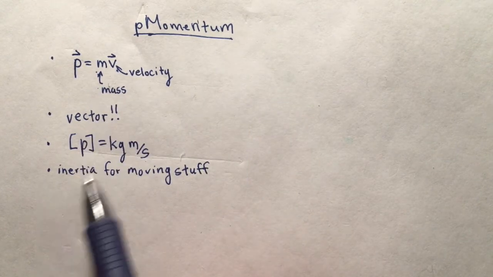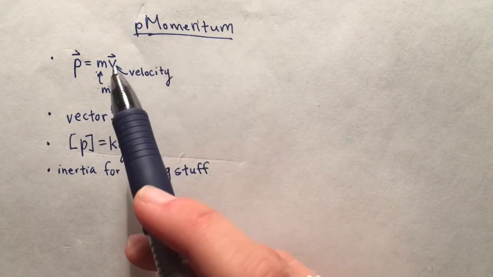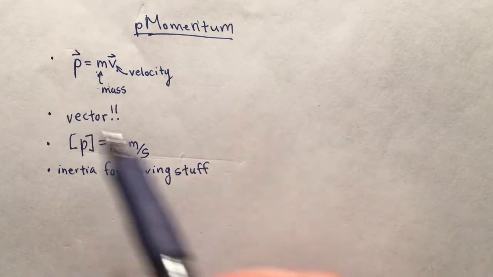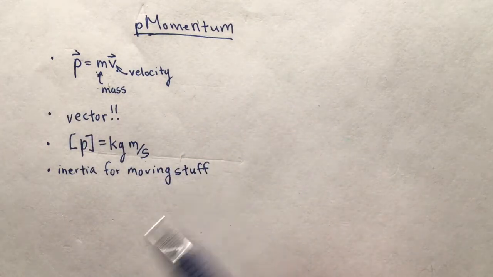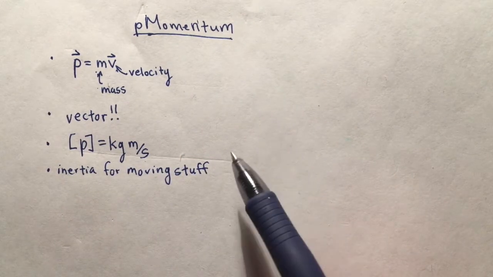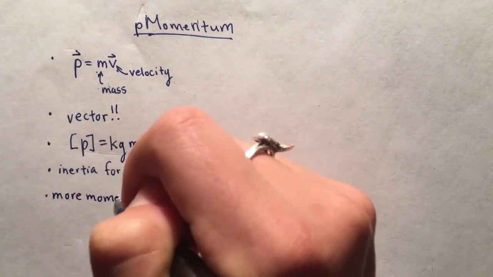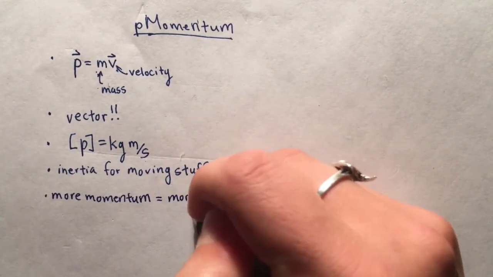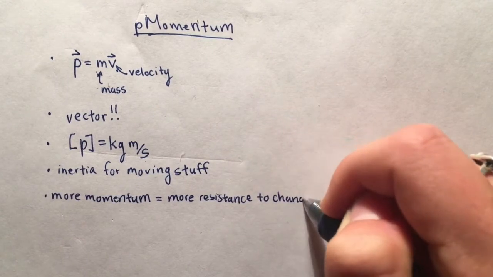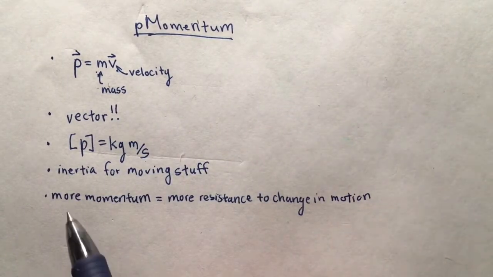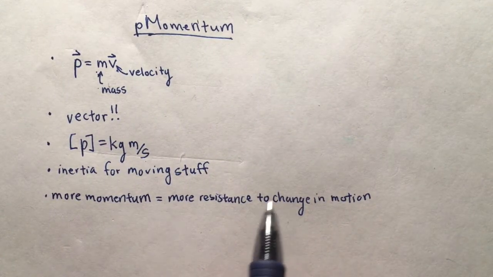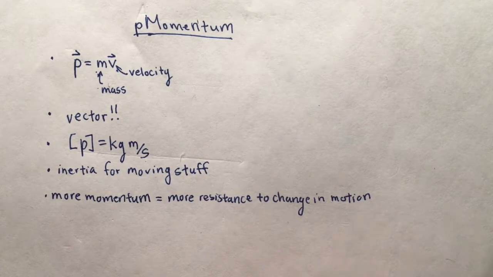Not only does it have inertia because it has a mass, but it also has momentum because it's moving. So because it has momentum, it is going to resist changing its motion. Okay, the more momentum you have, the more resistance you have to a change in motion.